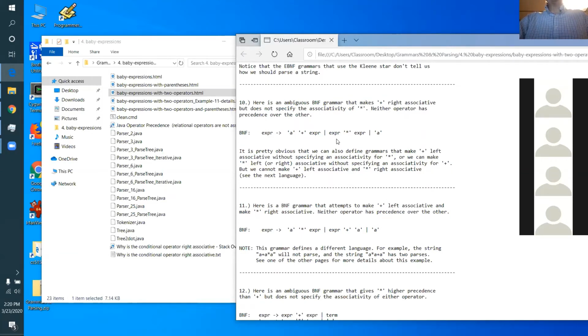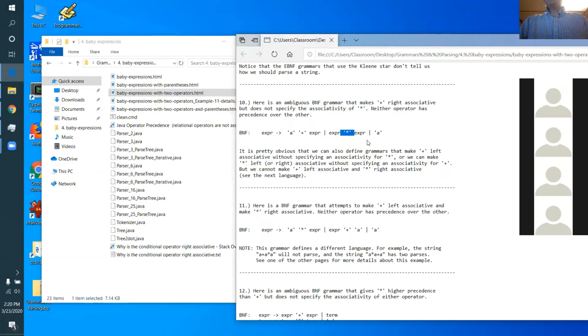Now, here's something that's trying to be different. Here's an ambiguous grammar that's right recursive on the plus and both left and right recursive on the multiplication. So it's making plus right associative and multiplication not associative. But it's ambiguous, so it's not a very useful grammar.